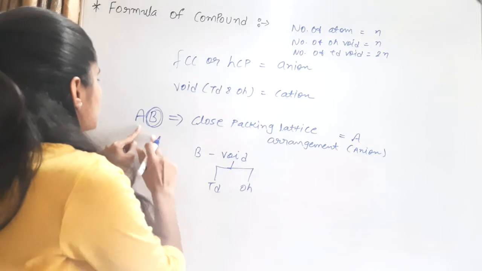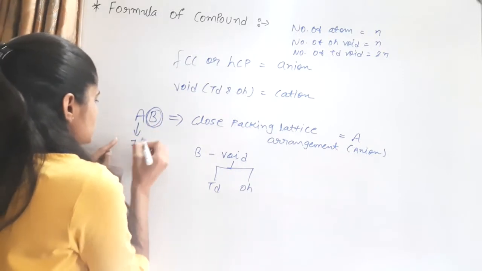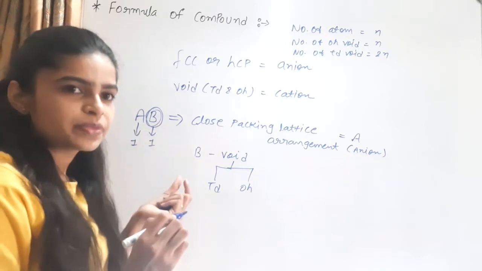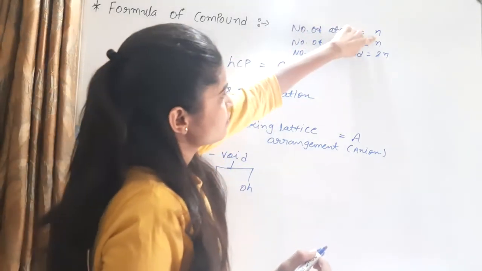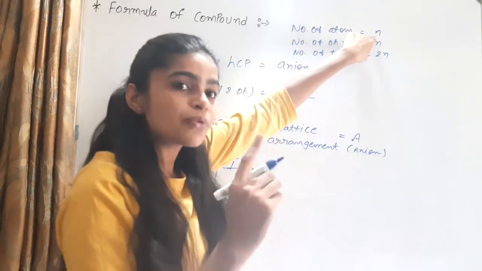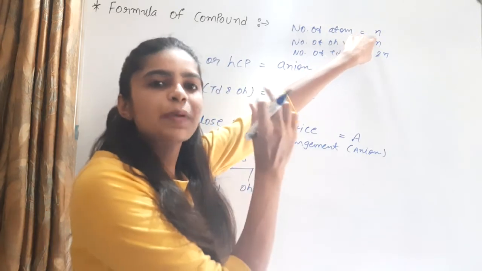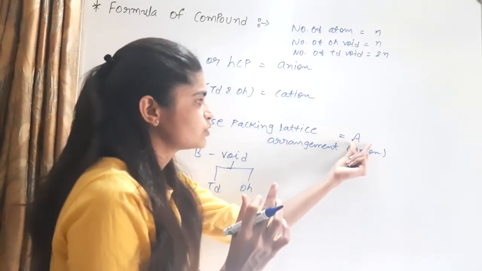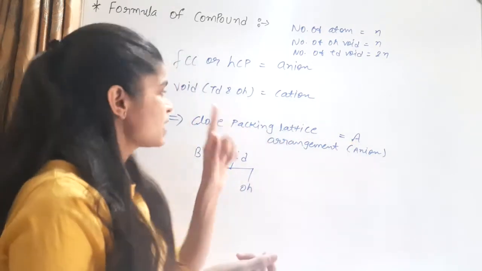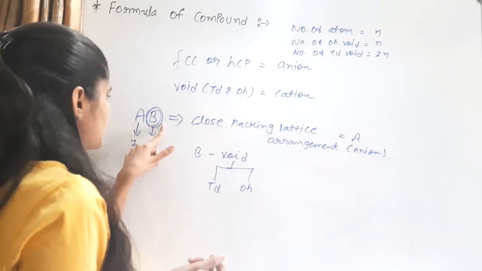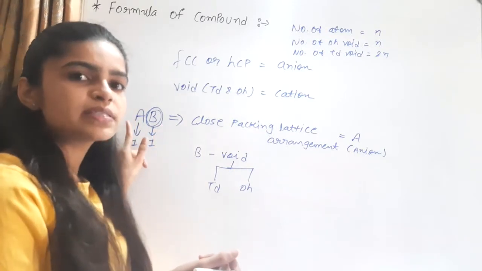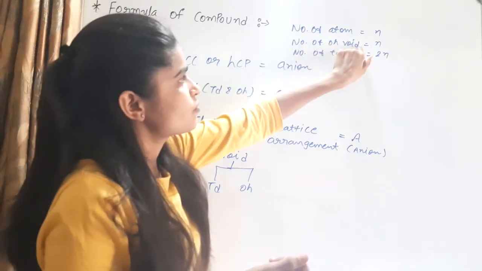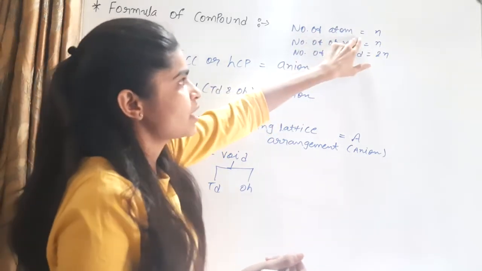In this formula, A is 1 and B is 1, so A is equal to B. The number of atoms is n, and n means the closed packing lattice is A. Then B is the same as A. So how do we find B? The number of octahedral voids is equal to the number of atoms.